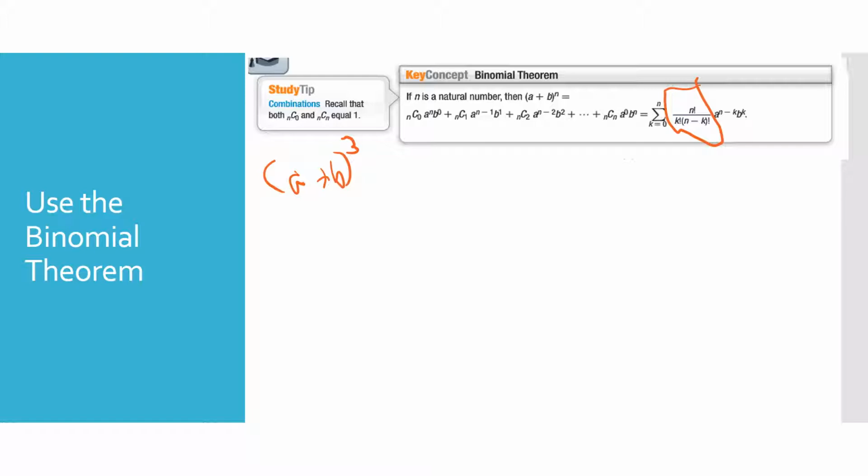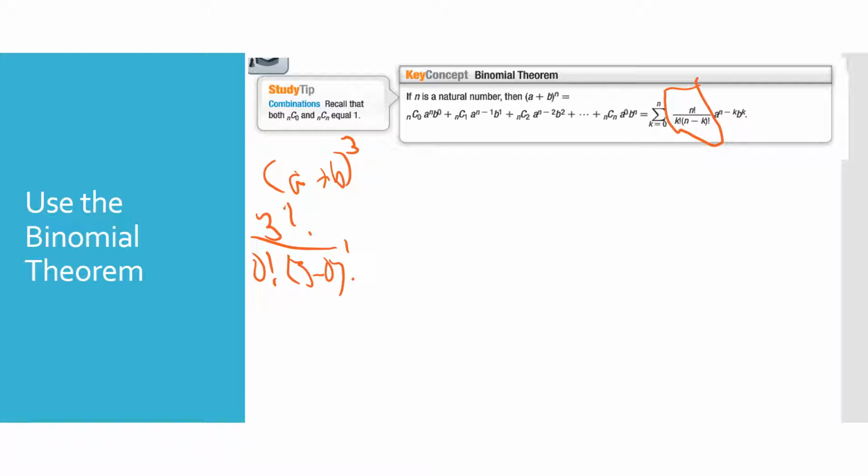We start off with k equal to 0, and then we're going to work our way up to 3. k equals 0, k equals 1, k equals 2. So we have this factorial formula where for the first term, I would have 3 factorial over 0 factorial times n minus 0 factorial, and in this case n is 3.